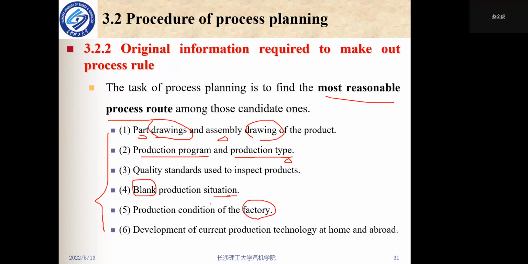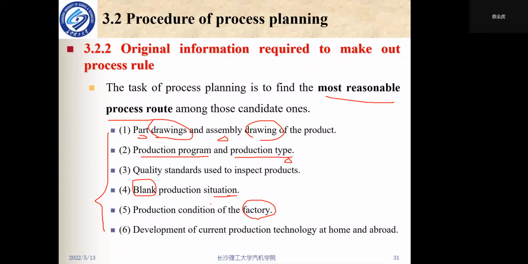So up to now, we have learned the process rule and the original information required in process planning. So the next question that comes out naturally is what the steps, what the procedures of process planning are, how to conduct process planning.